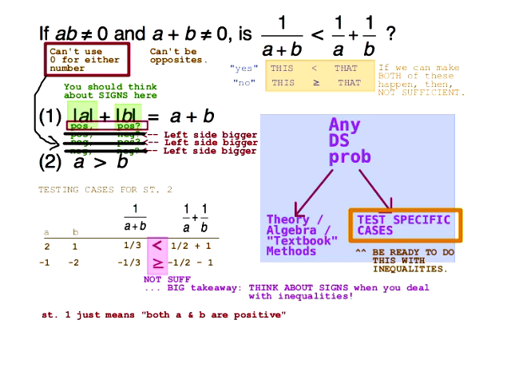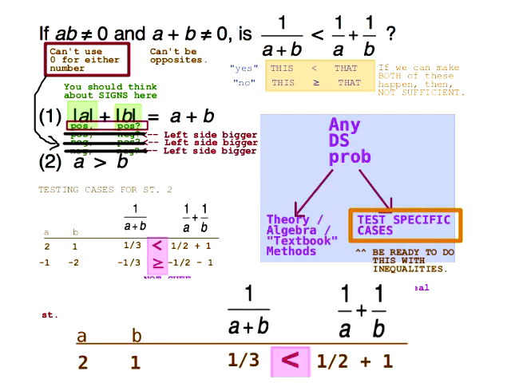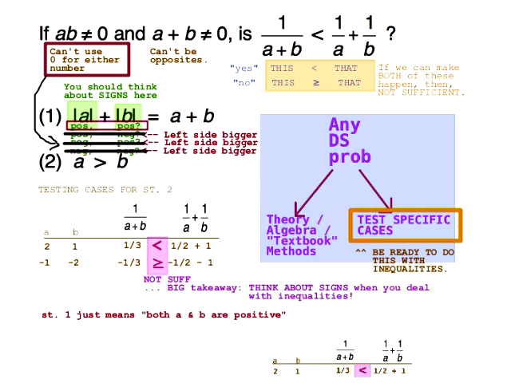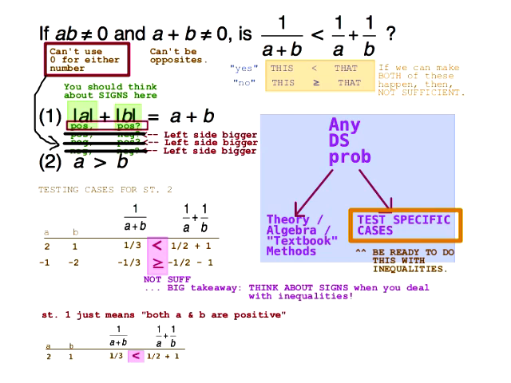You can start out with testing cases, the same sort of case that we had for statement 2. You can actually just import that first case and use 2 and 1. What's going to happen here if we try other cases?